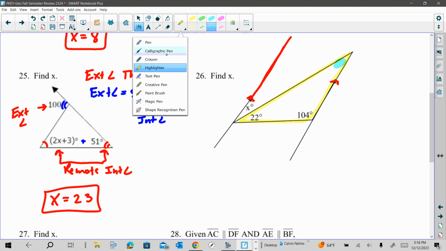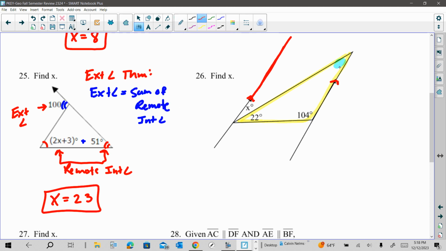If I find that angle, and I have parallel lines with these arrows, then you have alternate interior angles congruent. So just remember that if the lines are parallel, your alternate interior angles are congruent. So if you can find this missing angle in the triangle, it's going to equal your x.